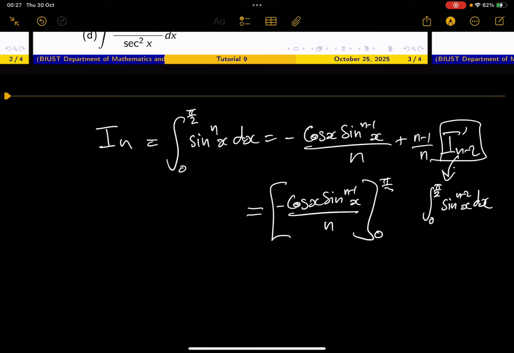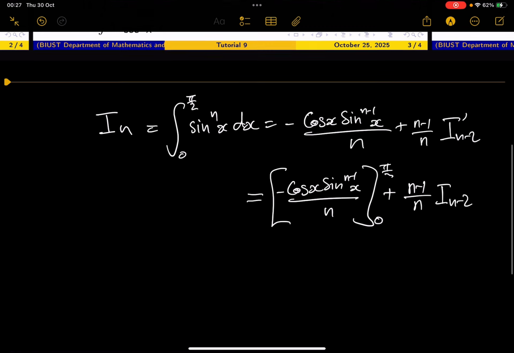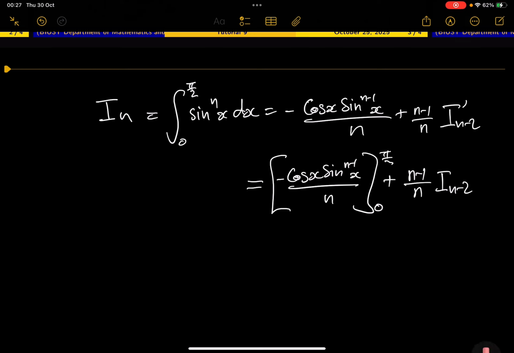This part is the same thing as this. So we will just keep this, plus (n-1) over n. We assume that even this is with the limit.